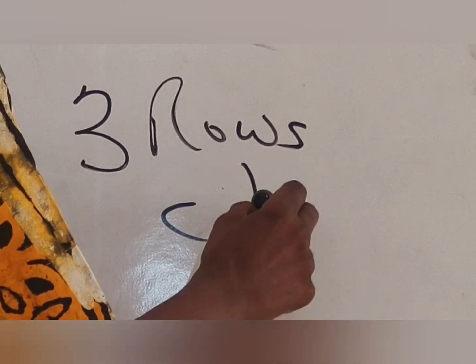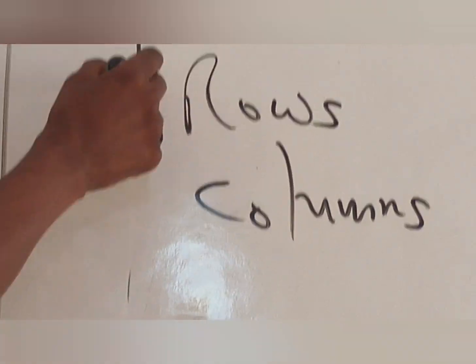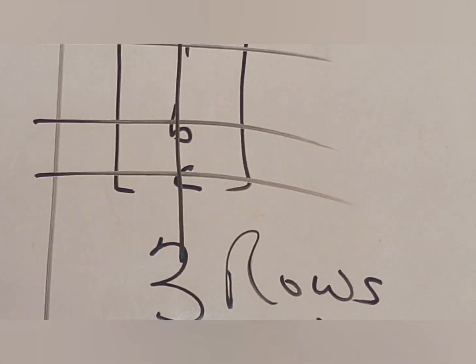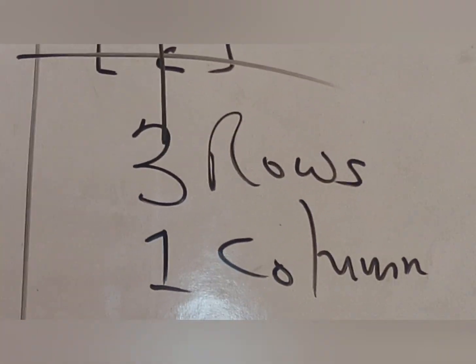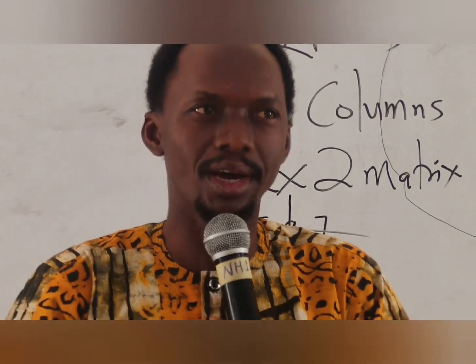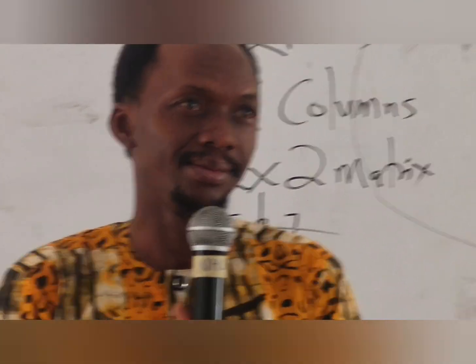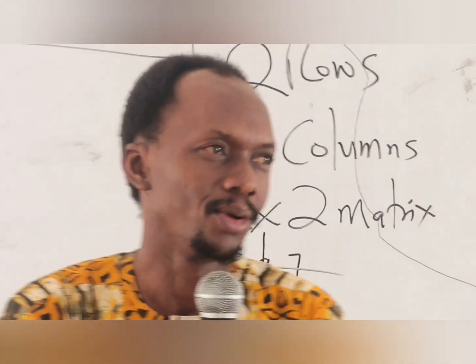Now how many columns has it got? 1. Is there any other? No. So it has only 1 column. Any question? So you should be able to name every kind of matrix you see. You can write quickly. Copy that quickly.